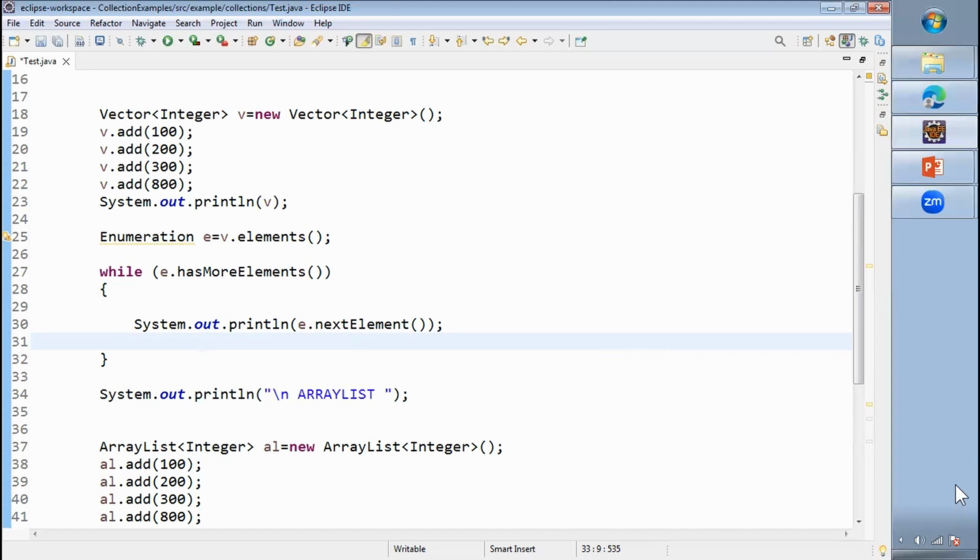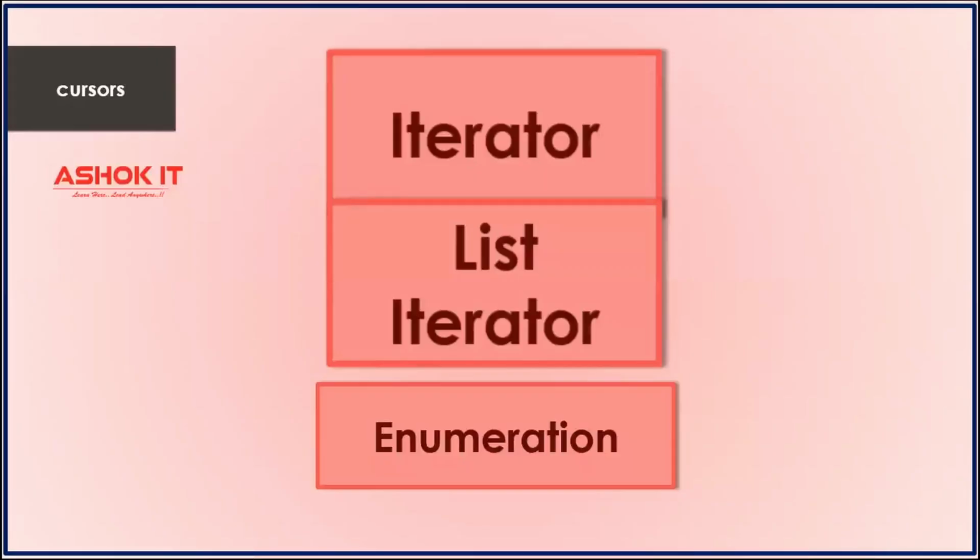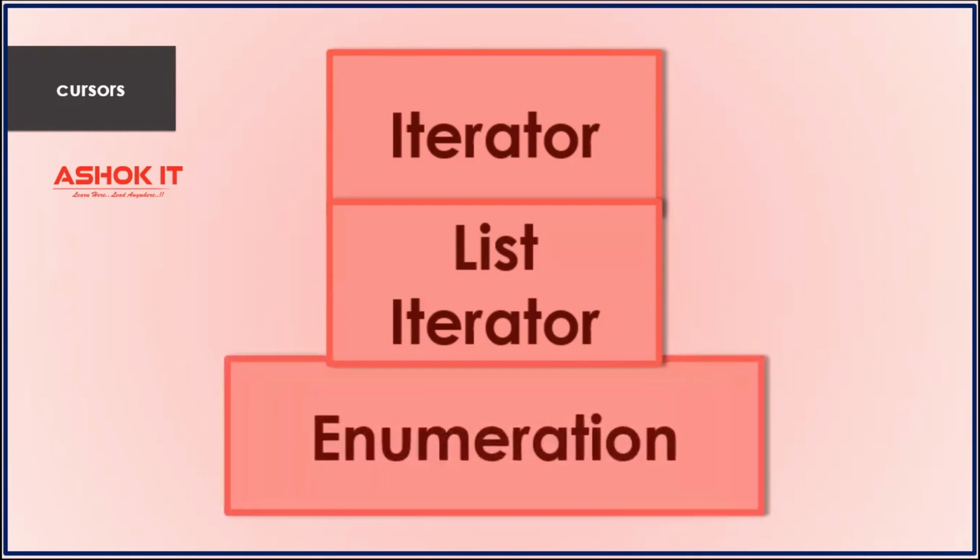Next, we will be seeing how to sort the collections using comparable and comparator interfaces. So we have seen cursors of Java, that is iterator, list iterator, and enumeration.